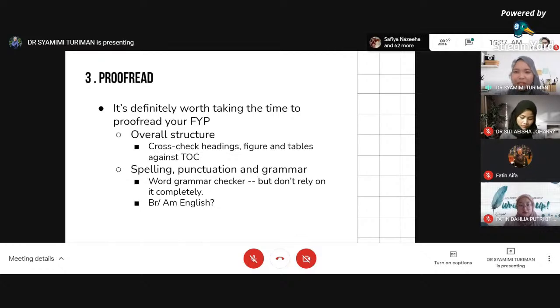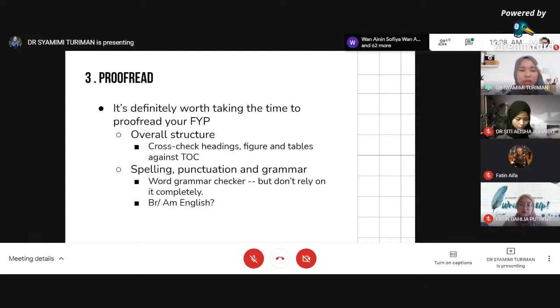Because sometimes, different people have different styles. So sometimes after reading your abstract, maybe the reviewer or the evaluator of your FYP would be interested to go straight to your results section. I don't know, maybe there is that possibility, because different people have different styles of doing things.